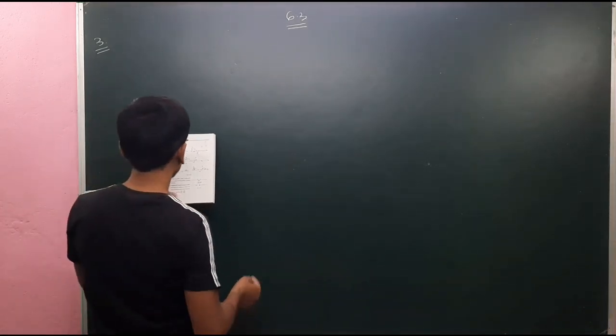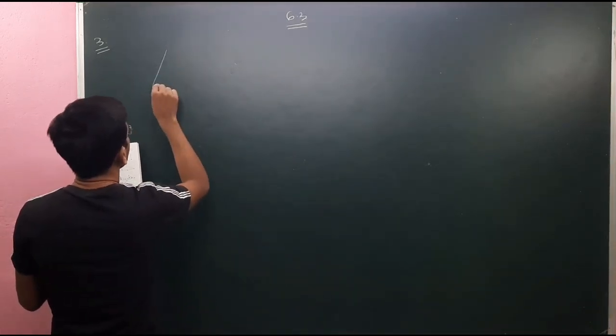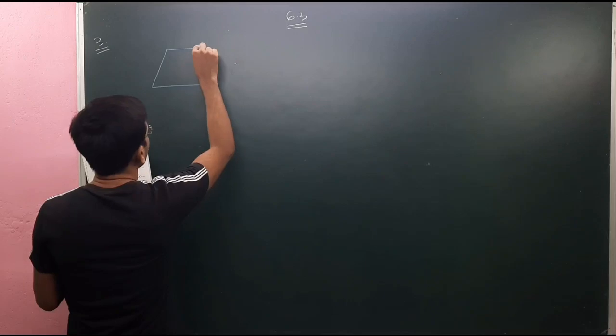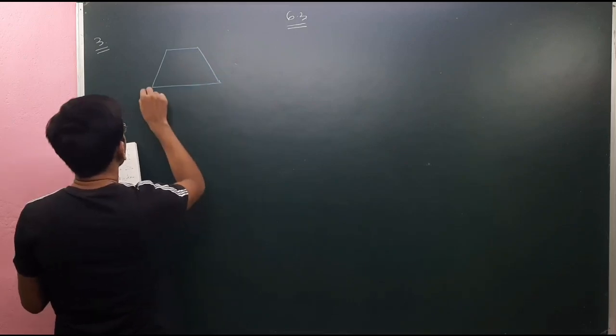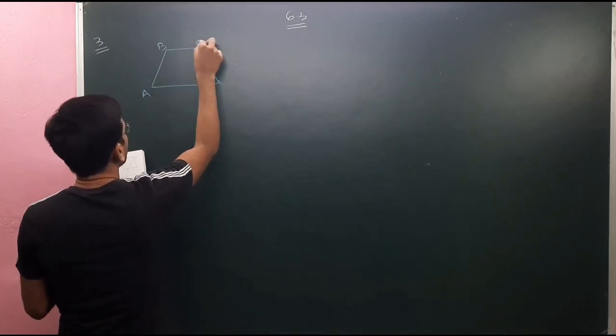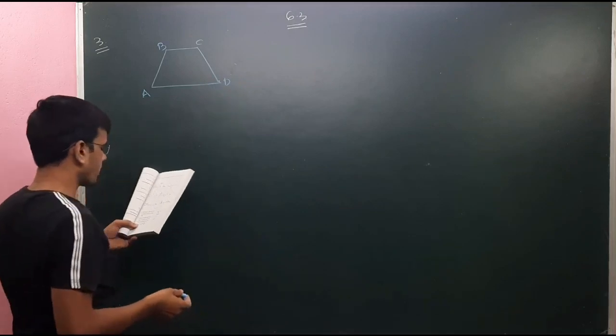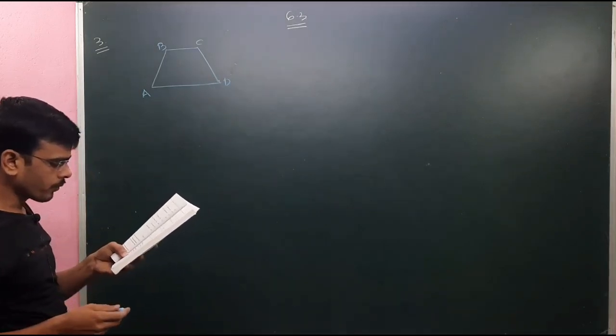Diagonal AC and BD of a trapezium ABCD. This is your trapezium, where AB is parallel to CD.